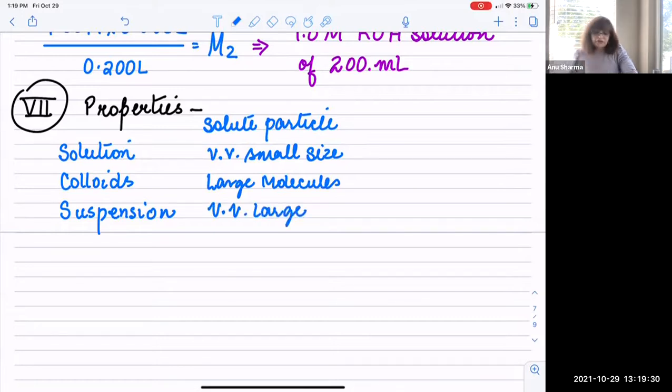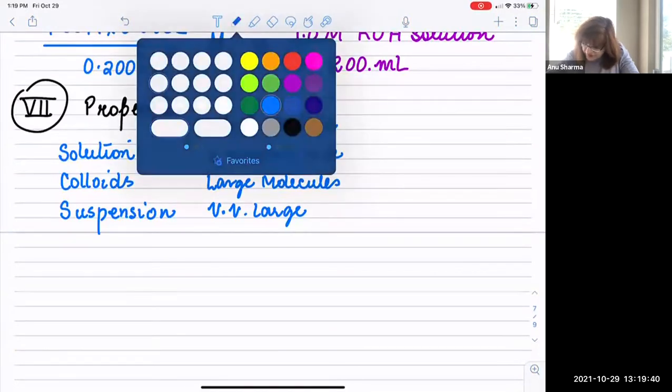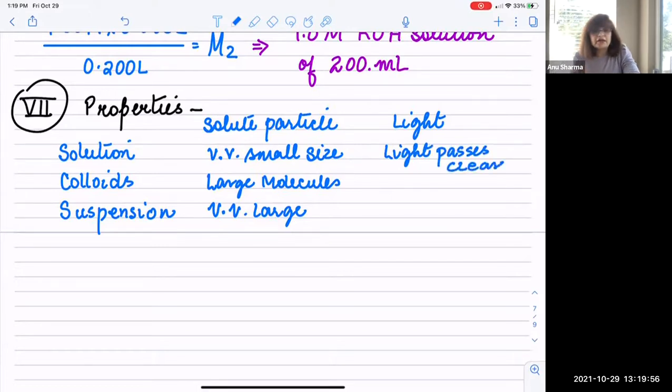So that's one thing. The next thing is the effect of light. When light passes through the solution, it looks all clear, like all one. Nothing is stopping the way of light.